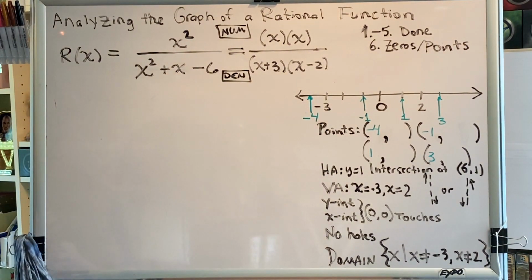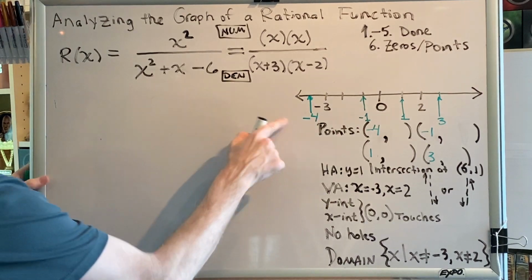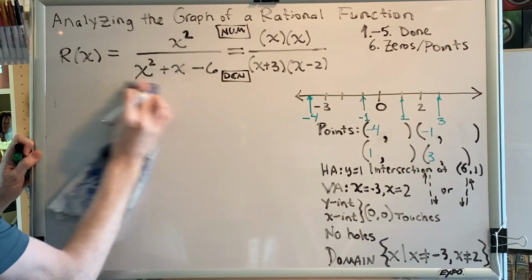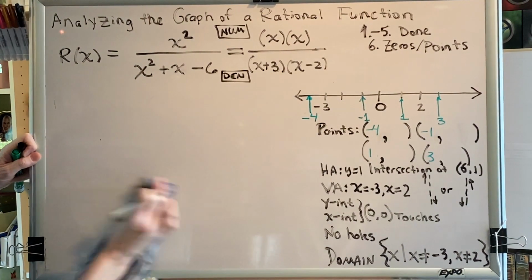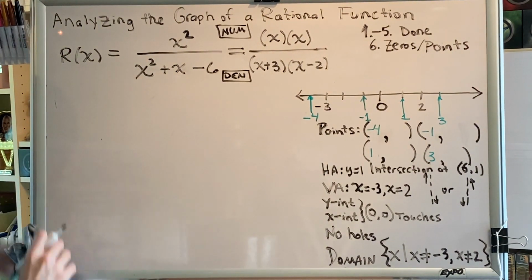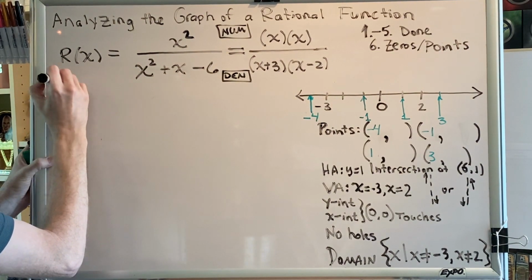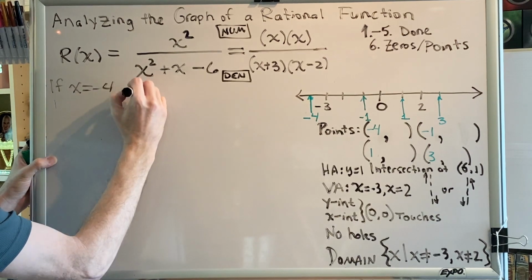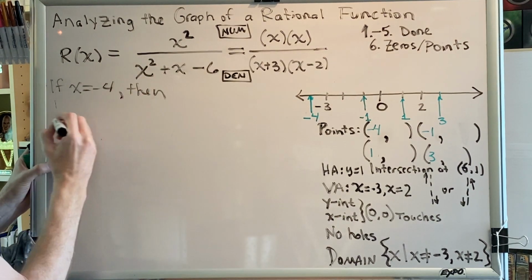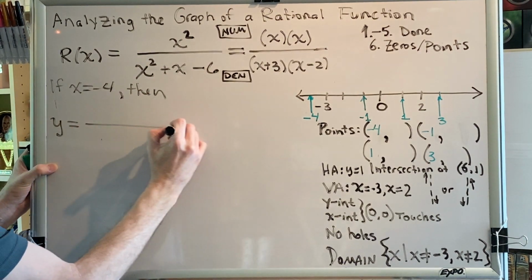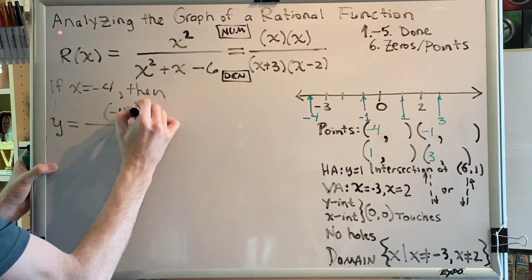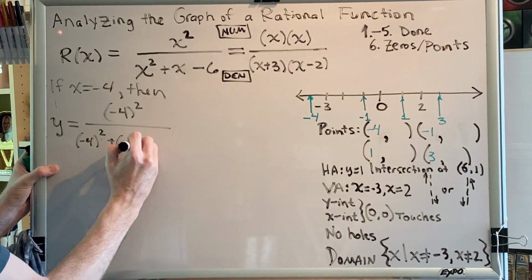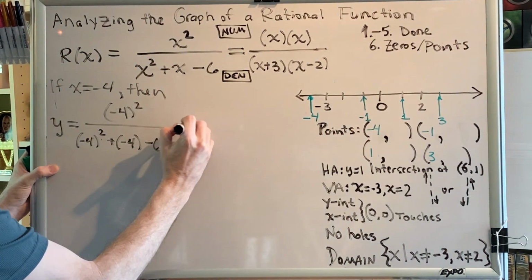All right, let's plug into our function one value at a time. We'll start with the -4. If x equals -4, then r of x, or y, would be equal to -4 squared over -4 squared plus -4 minus 6.